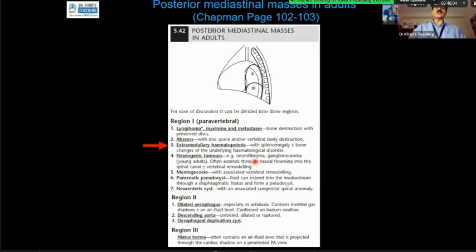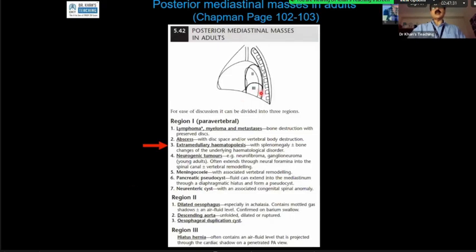We have groups, areas 1, 2, 3, and according to that, the differential diagnosis changes. So, candidate, you said bronchogenic cyst. This is not an area of the bronchogenic cyst. Later on, go back to the book and see which part it occupies; I don't have that slide right now, so I cannot show you. But bronchogenic cyst is not in the differential, and this is what the exam is about.